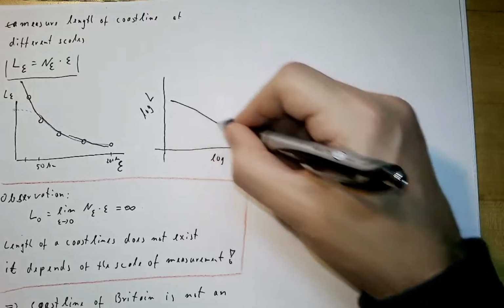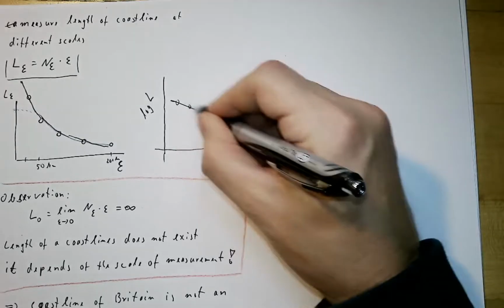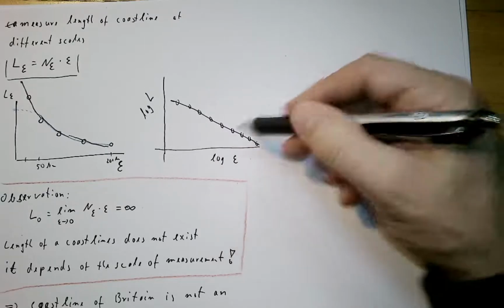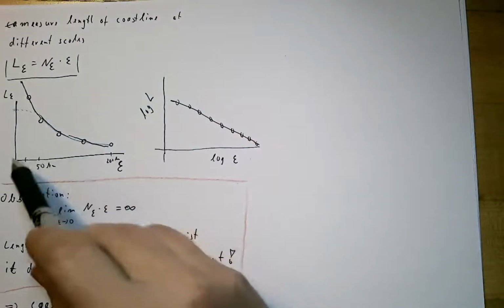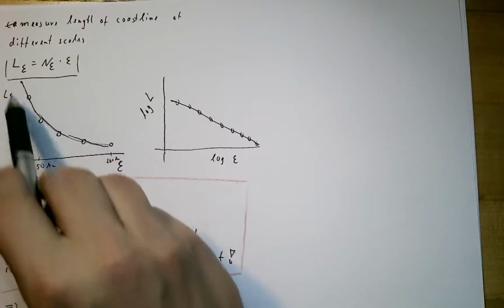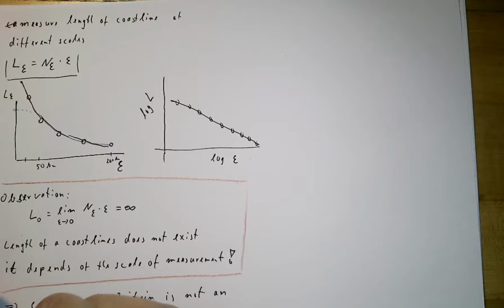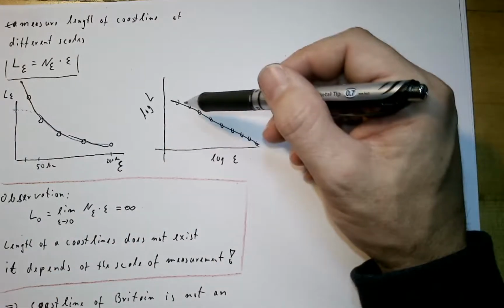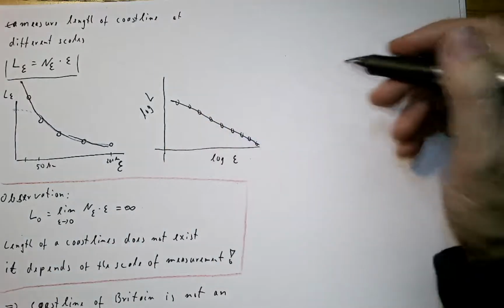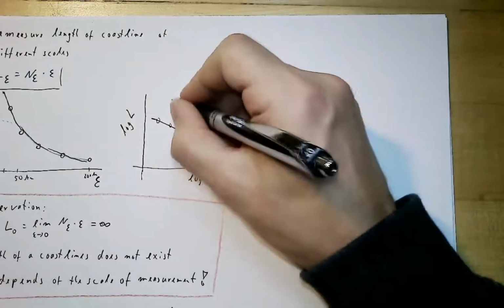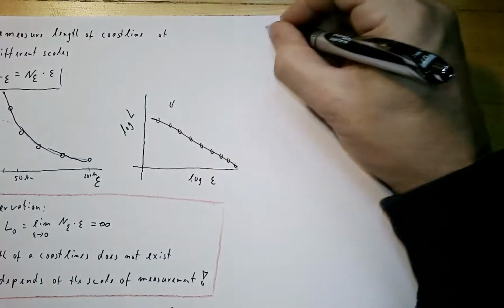And we know if you have a power law, then of course if you would plot it in linear scales, the power law diverges for epsilon goes to 0. Yeah? So we have again the power law.